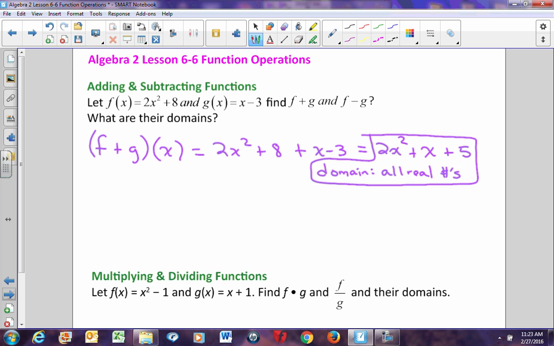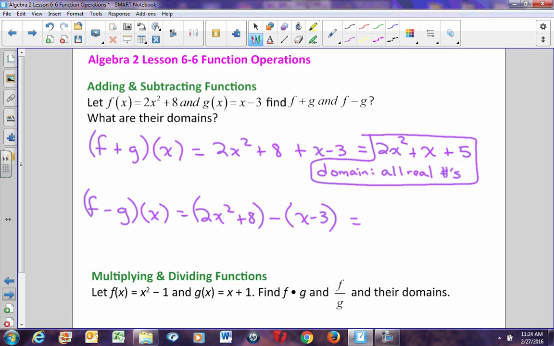Now let's do f minus g of x. So we're going to have 2x squared plus 8, and we're going to subtract from that x minus 3. I put them in parentheses because remember, when you subtract, you run the negative all the way through.